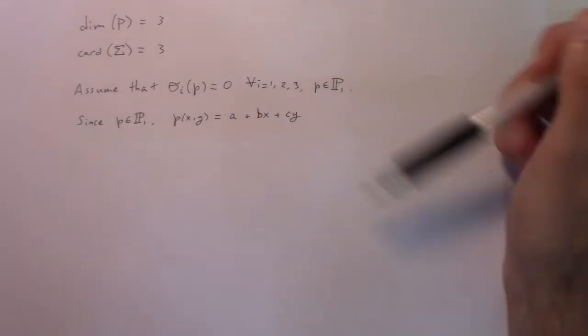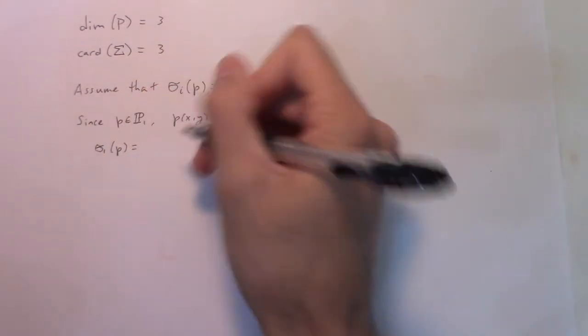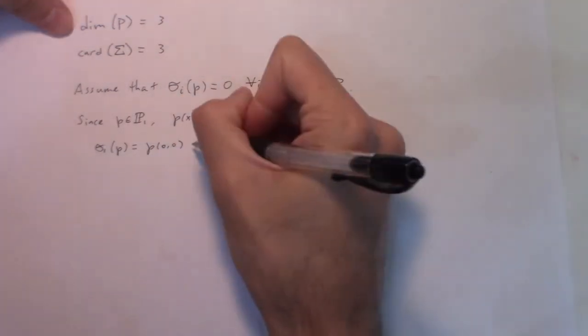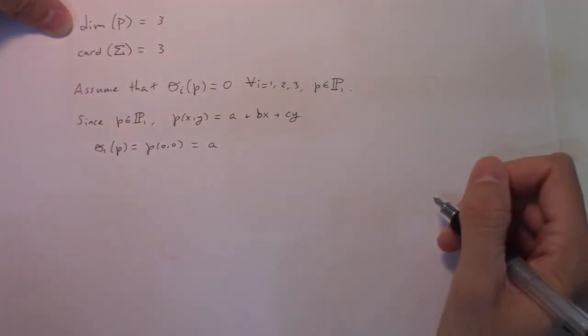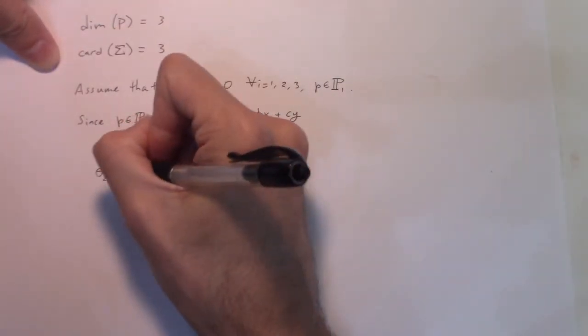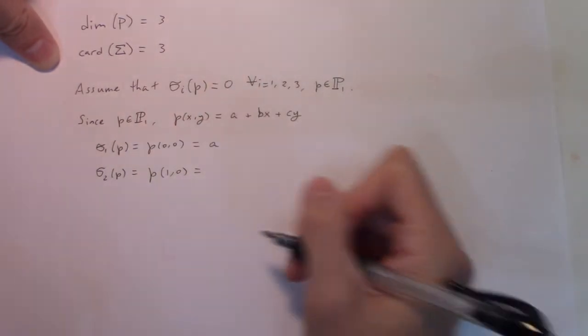This is the arbitrary form of the polynomial. Then sigma 1 of P equals P of (0,0), which is equal to A. Sigma 2 of P is equal to P of (1,0).